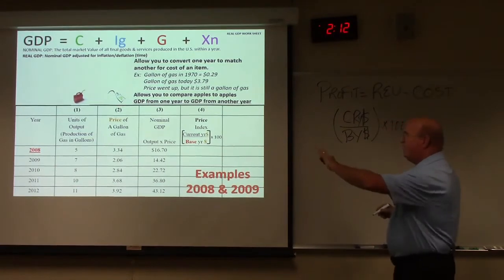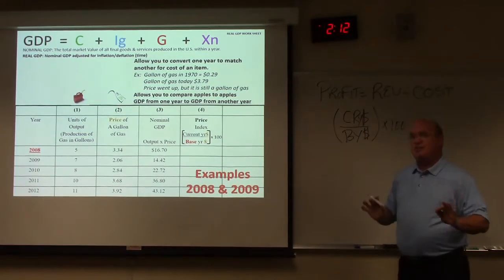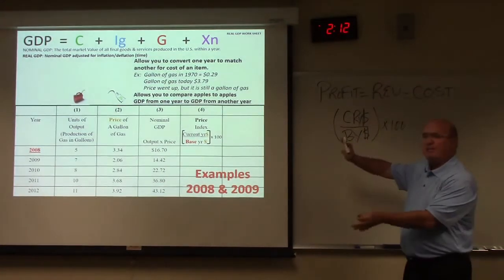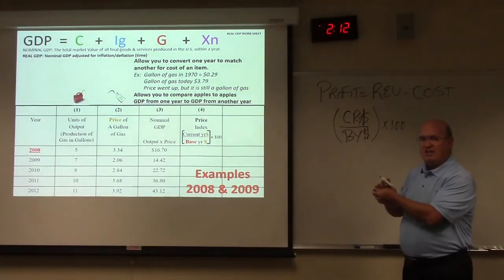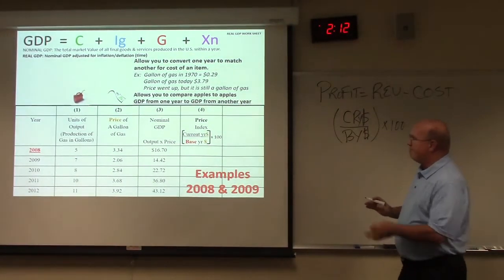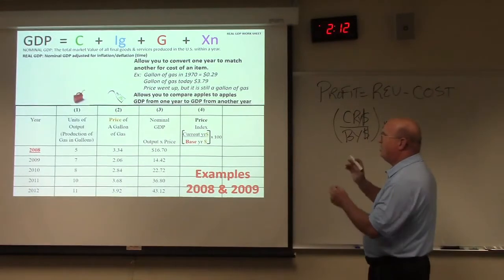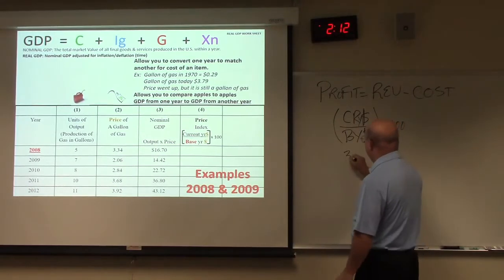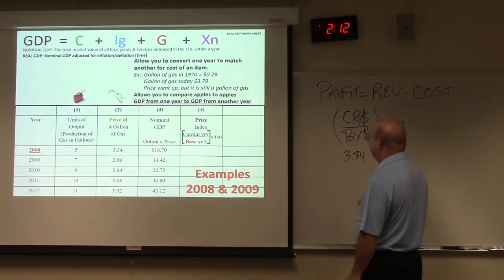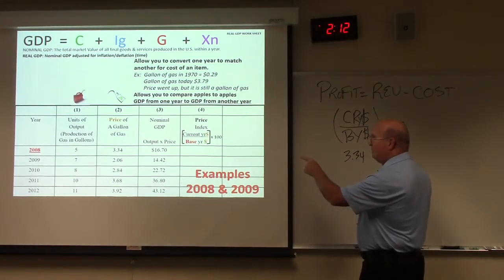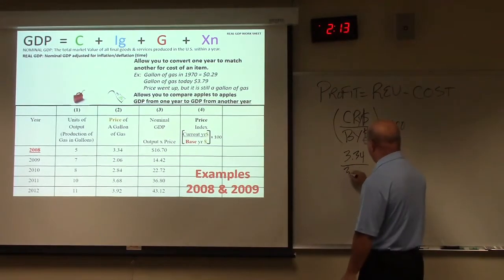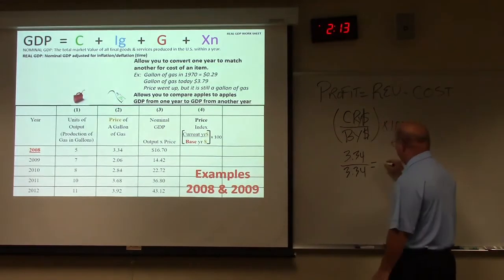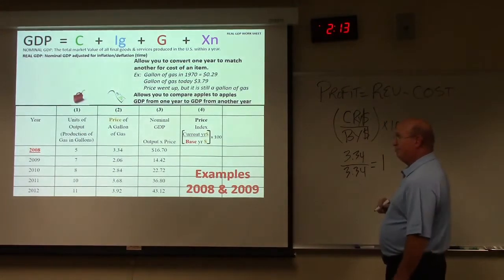So let's take a look at 2008. Now 2008 is the base year. We're going to compare everything to 2008. All right, so the current year price in 2008 is $3.34. The base year price, well, the base year is 2008, so we have $3.34. $3.34 divided by $3.34, we get 1.